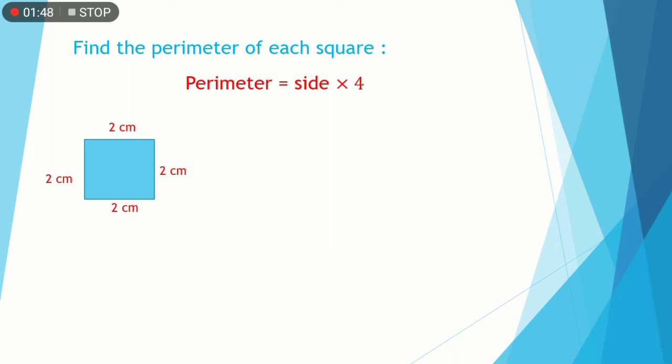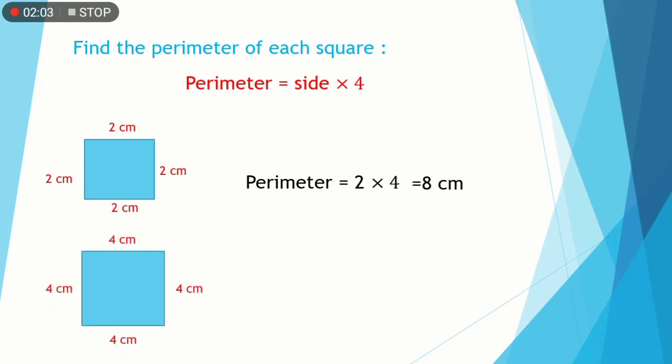The side equals 2. Perimeter equals 2 times 4 equals 8 centimeters. The next example: I have a square, each side equals 4 centimeters. Then the perimeter will be 4 times 4 equals 16 centimeters.